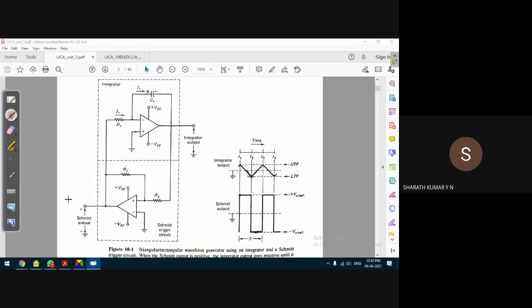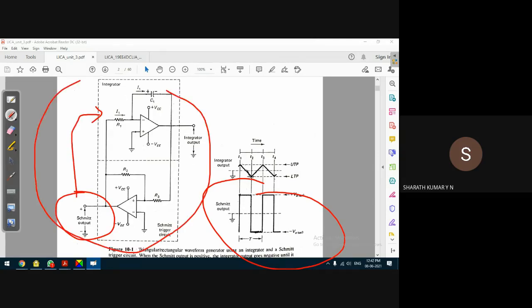So the output waveform is nothing but a square waveform. The square waveform is further applied to the integrator circuit, so that the circuit automatically generates a triangular waveform as well as a square pulse without any input. If you observe this circuit, the only input we are giving is a DC voltage, plus VCC and minus VEE, positive and negative DC.